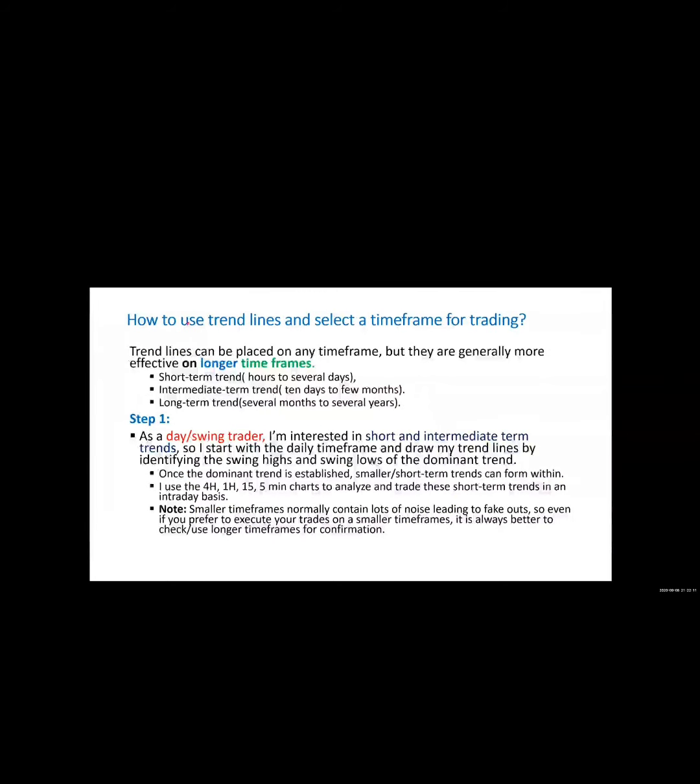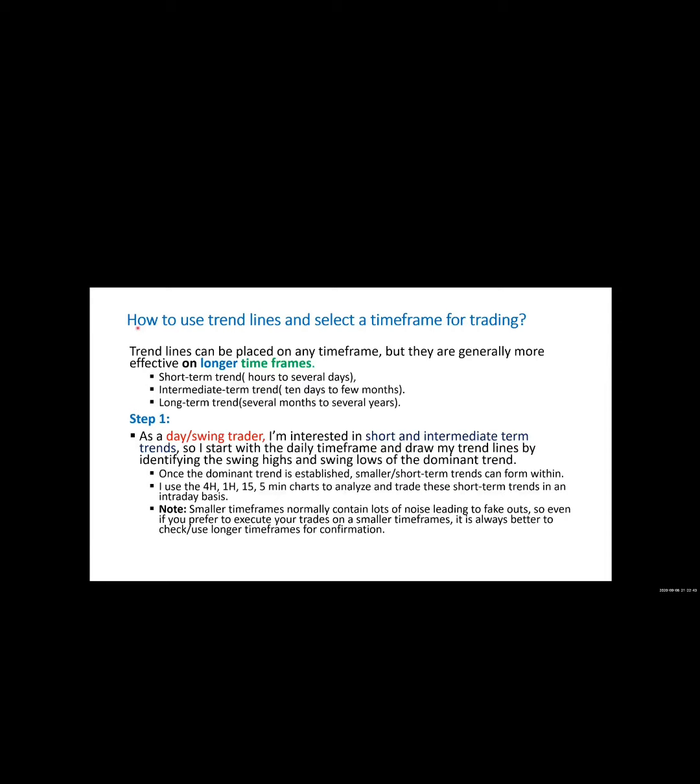Now, before I discuss this, I hope that you guys understood what swing highs and swing lows are, how to draw a trend line, and the three different types of trends: the uptrend, downtrend, and the sideways trend. So ideally, once you go through this lesson again, when you open your stock chart, the first thing you should be noticing is what the primary trend of that chart is, and then you need to see what the swing highs and swing lows are, and then try to find any trading opportunities there.